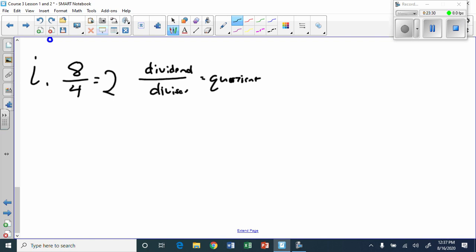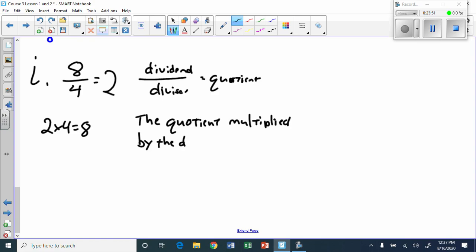For me, it's a lot easier to have the visual using the words than trying to remember what we have. Now, if I was going to check this, I would take 2 times 4 equals 8. So, to check a division problem, the quotient, the answer you get, multiplied by the divisor should be equal to the dividend.